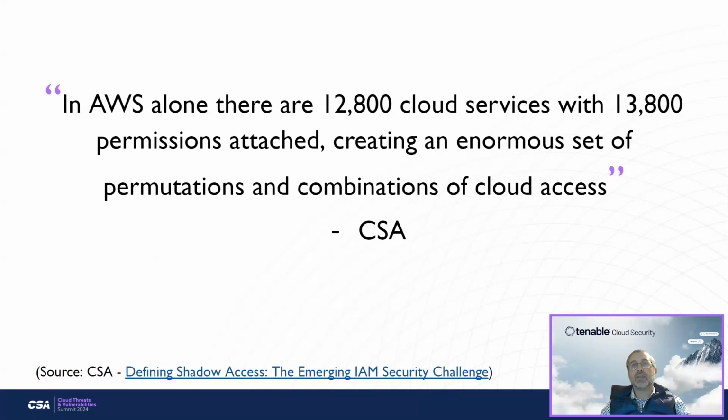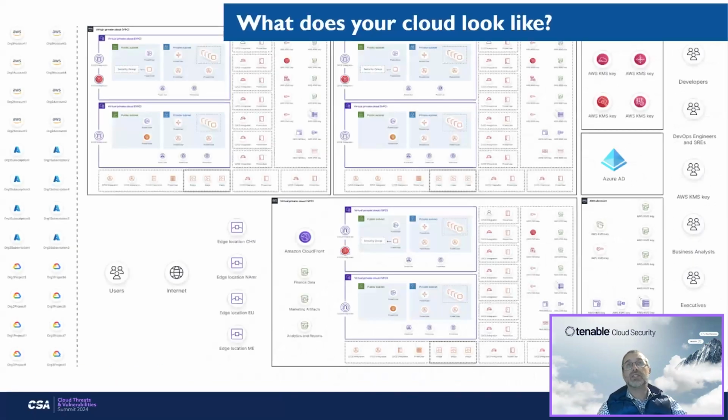If we look, for example, at the identity layer of the cloud stack, you can see that in AWS alone, there are thousands or maybe millions of different permissions, creating an enormous set of permutations and cloud access challenges that organizations really have to understand in order to identify issues in the identity part in itself. But then you also have to marry that with the networking configuration, with the workload protection, et cetera, to really drive insight, right? So we understand the problem and we have a way towards a solution, right?